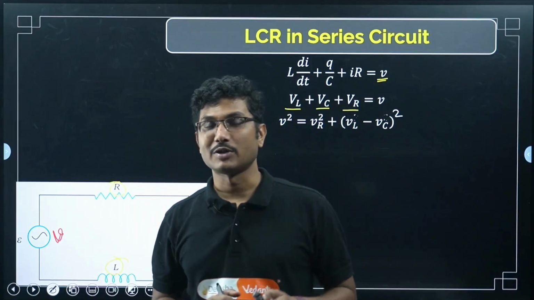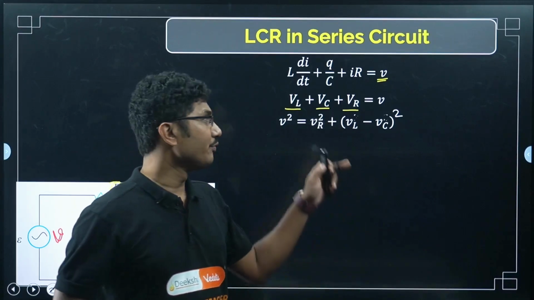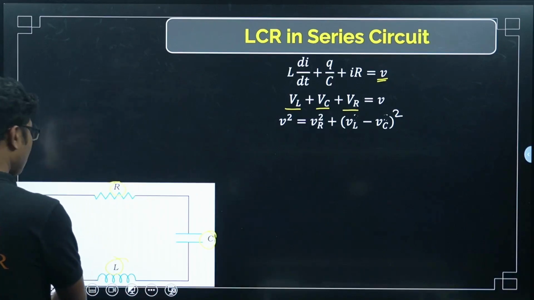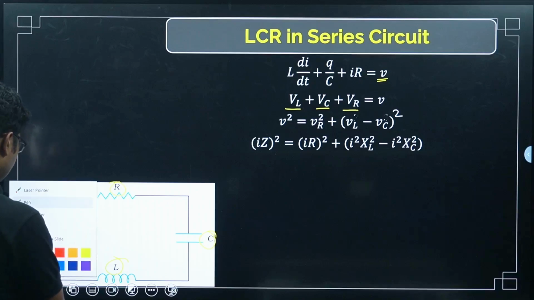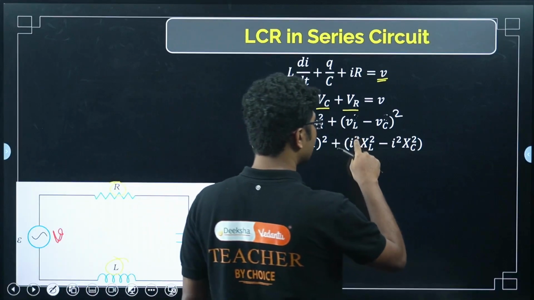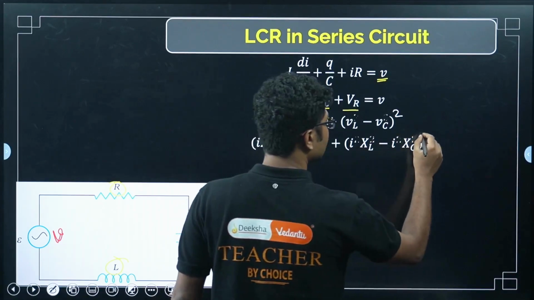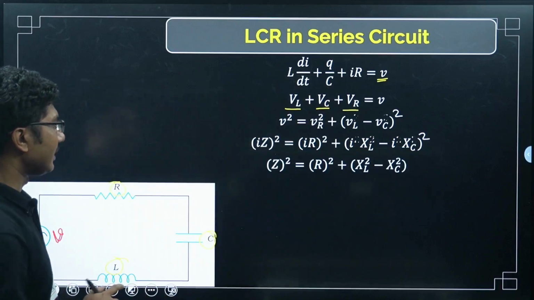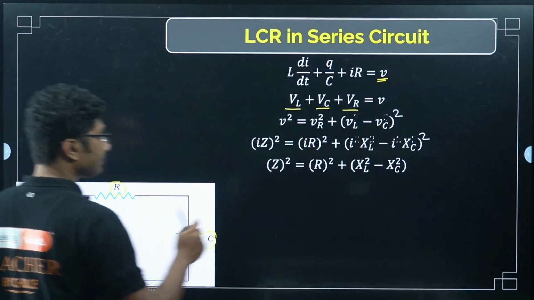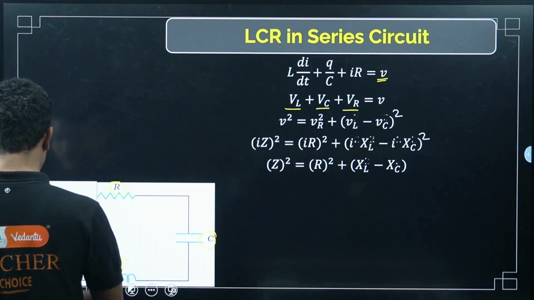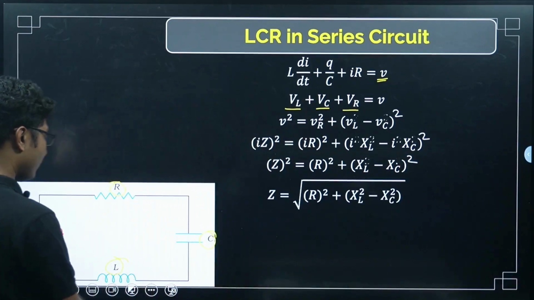Since they have a phase difference of 180 degrees, while finding the resultant voltage between them you have to do VL minus VC, that is the formula. Similarly you can write this for the impedance. Here also it is wrong. Now you can write this as R square plus XL minus XC whole square. So this is the expression for impedance, so impedance can be calculated using this formula.